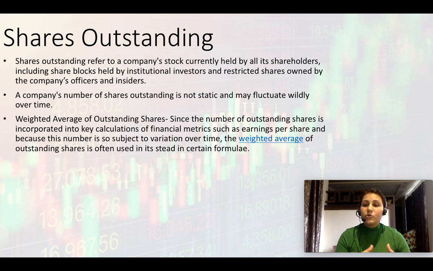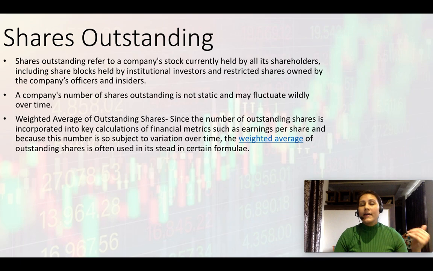So all of them would keep a certain amount of shares with them. Overall, this common stock that the company declares is called the shares outstanding. Now this value is not at all static, it keeps on fluctuating over time.